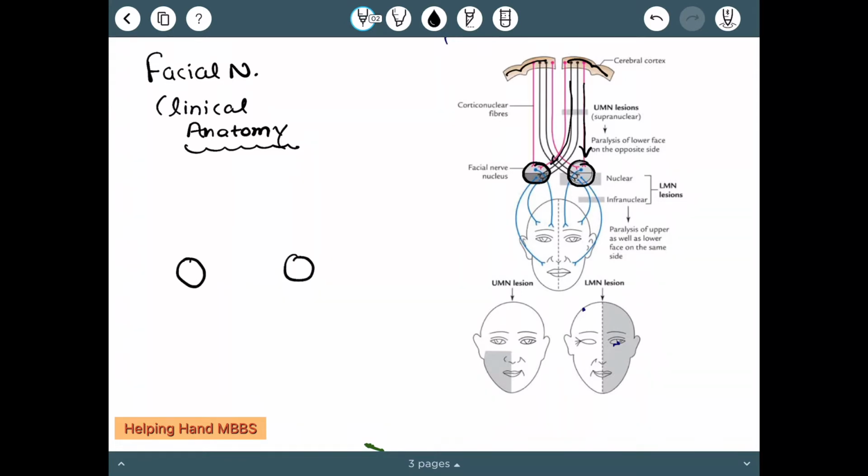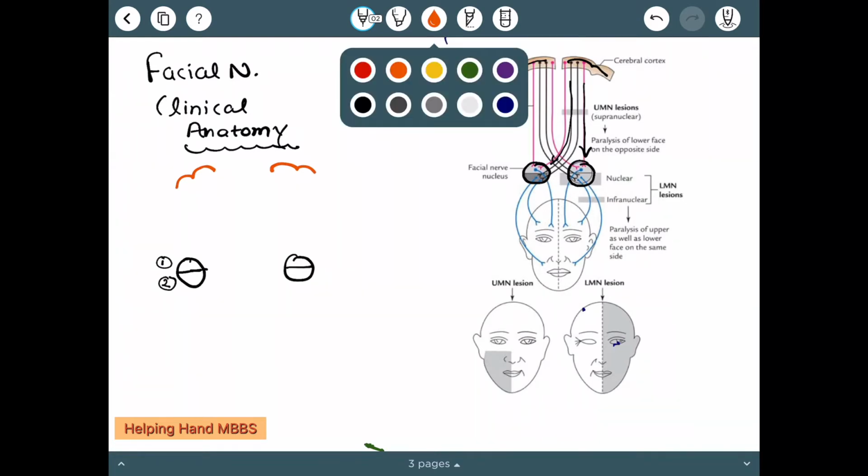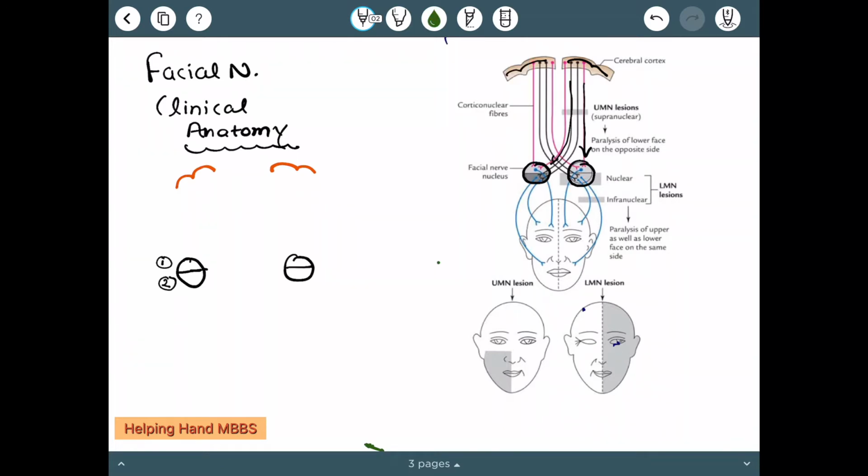The motor nucleus is divided into two parts, the upper part and the lower part. Assume this is the cerebral cortex part. There is a particular pattern which I will tell you. The upper part of any facial motor nucleus receives fibers from both cortices.